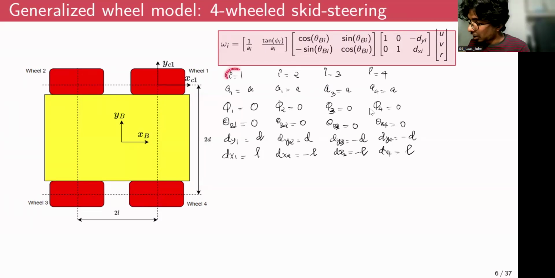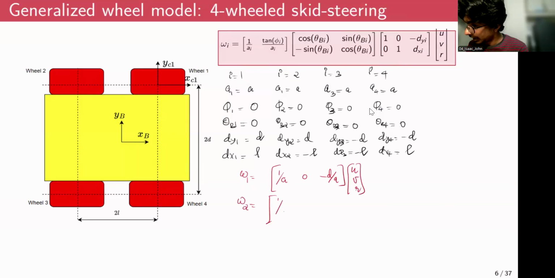So if you substitute all of these individual cases into this generalized wheel model, you would basically get the following equations: omega 1 is 1 by A, 0, minus d by A, multiplied by UVR. Omega 2 is nothing but 1 by A, 0, minus d by A, UVR.